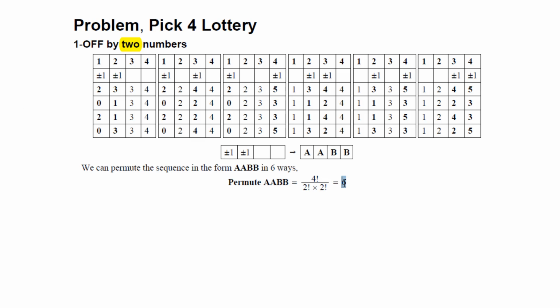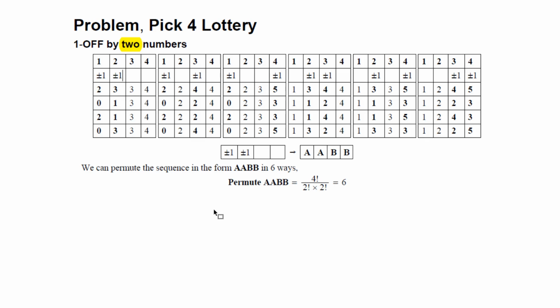So this permutation of 6 gives us 6 tables, but in each table we still have the possibility of adding or subtracting 1 from the digit that we missed. So in such a case, we realize that we have 4 cases in each one.